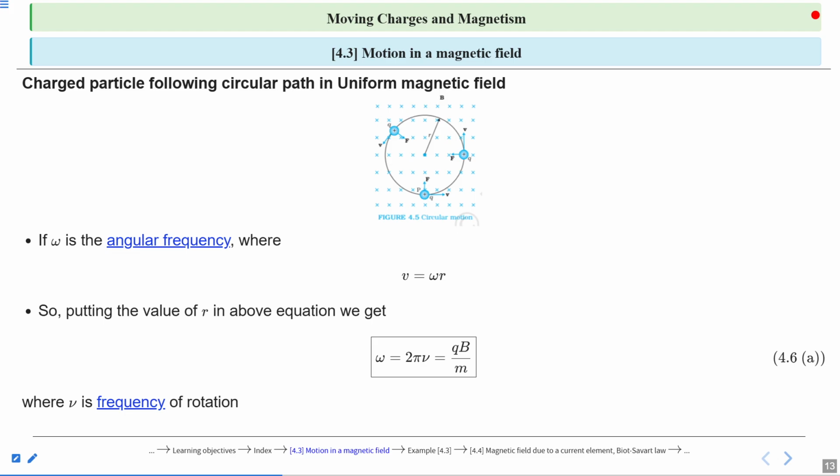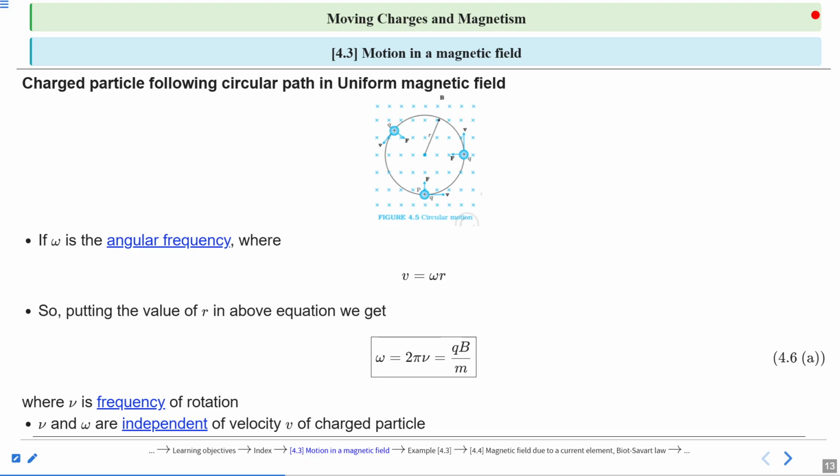Now you can see this angular frequency is independent of the velocity of the particle, and also of the radius of the circular path. It is only dependent upon charge, magnetic field, and mass of the particle, not upon the velocity of the particle. So nu and omega are independent. Both frequency and angular frequency are independent of velocity v of the charged particle.